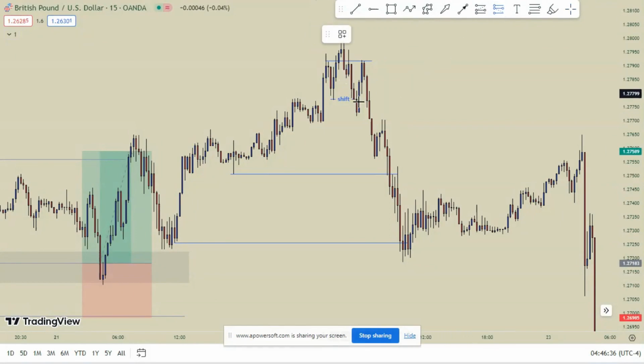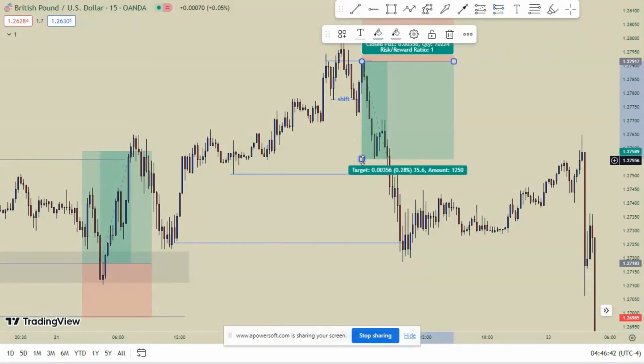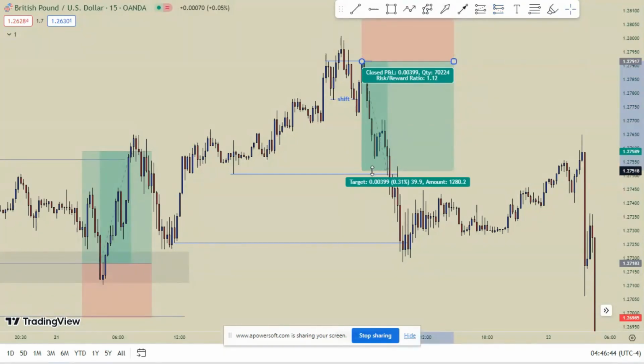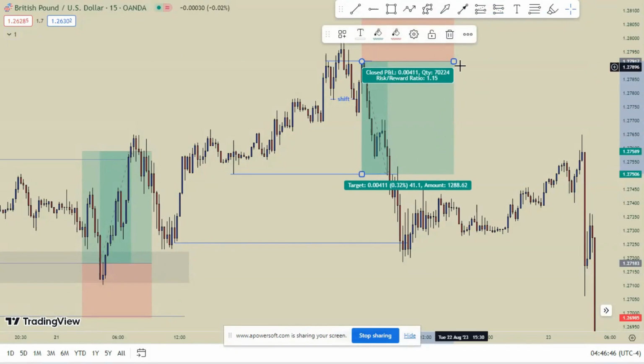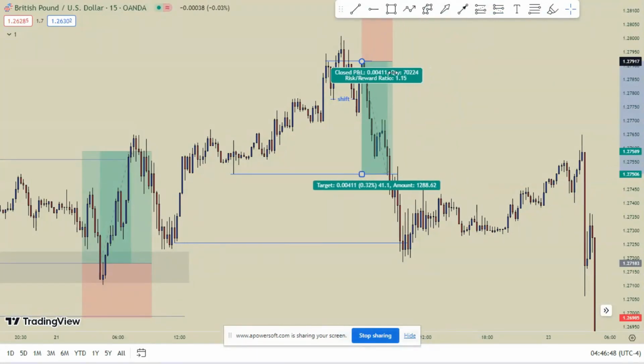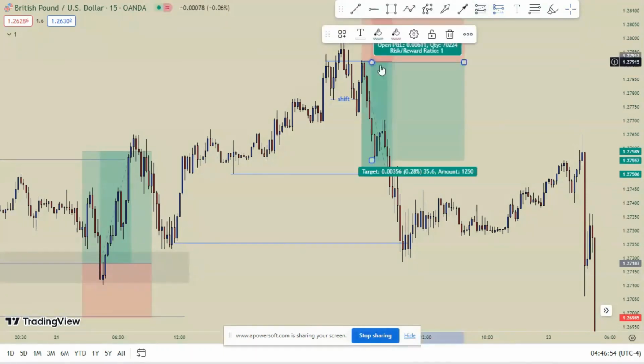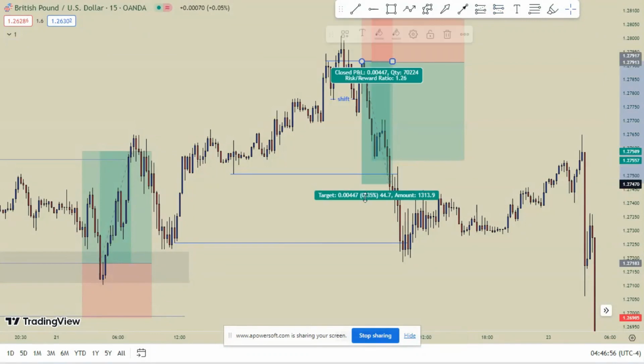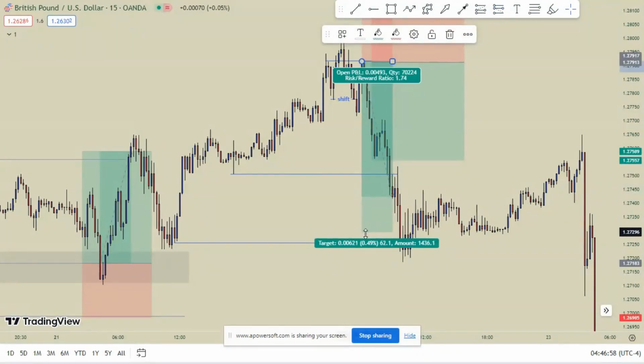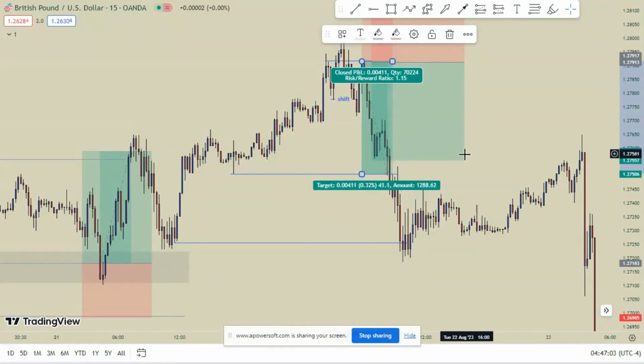So as the market shifted, it returned back. Now that would be my entry. This is TP1. Or you could target there and go lower.